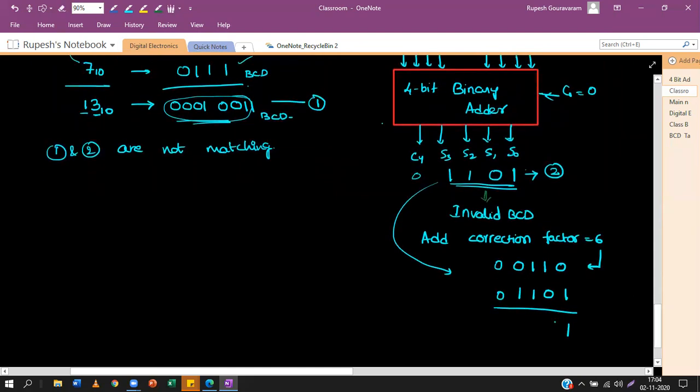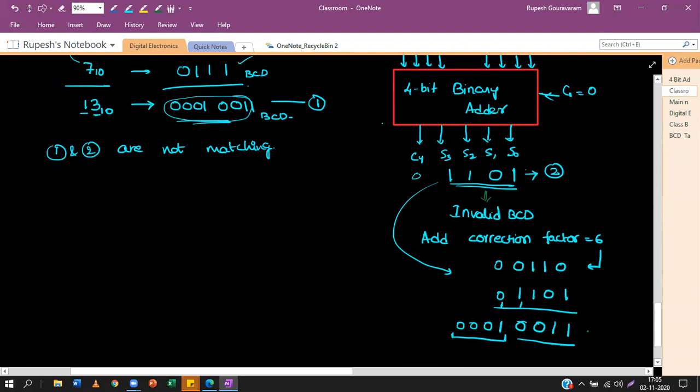Then 1 plus 0 is 1. 1 plus 1, sum is 0, carry is 1. 1 plus 1 is 0 and carry is 1. So we write the carry here. These are 4 bits. To convert into BCD, we need one more 4-bit number. So 000, 0 has no value, so we'll write 0 here.